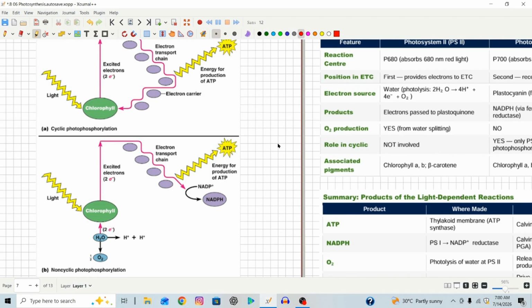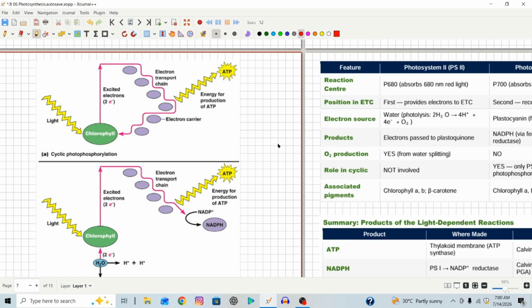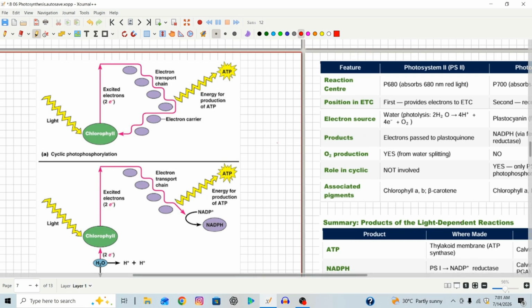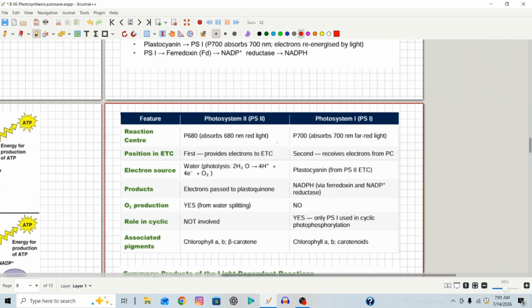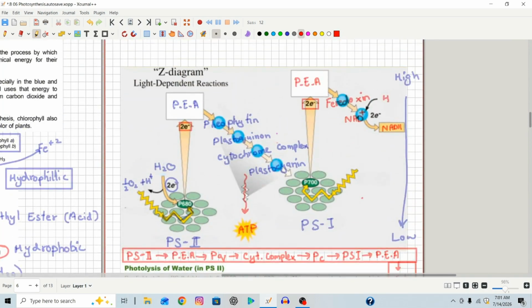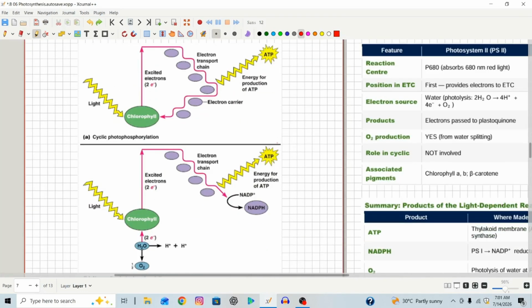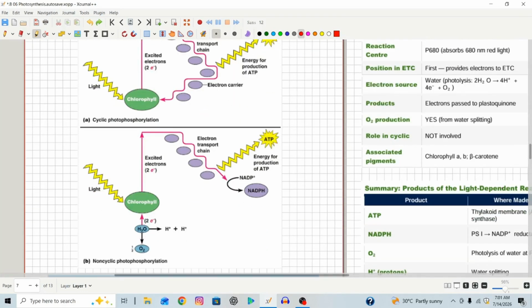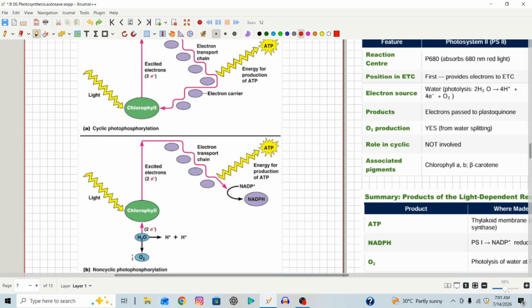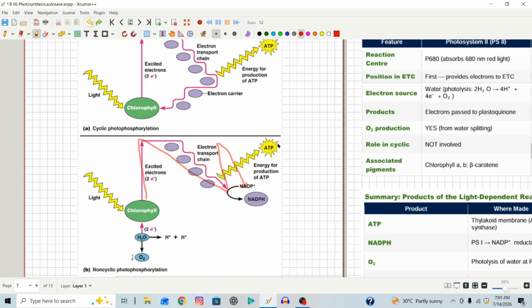Non-cyclic photophosphorylation is also called the Z scheme, because as you can see here, it is just like a Z in the alphabet. In the Z scheme, the final product was NADPH. The diagram has been shortened, so you don't have to worry, you just have to understand the concept. The final product after following the Z scheme was NADPH.